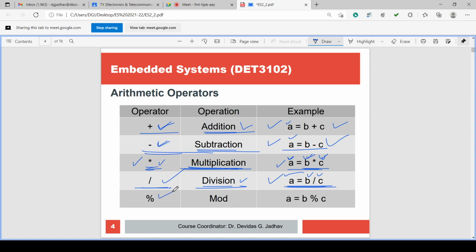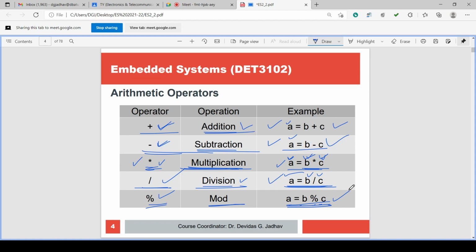Then there is the percentage symbol, which is used for mod operation. A is equal to B percentage C, B mod C. Here the remainder is kept. This is the mod operation.